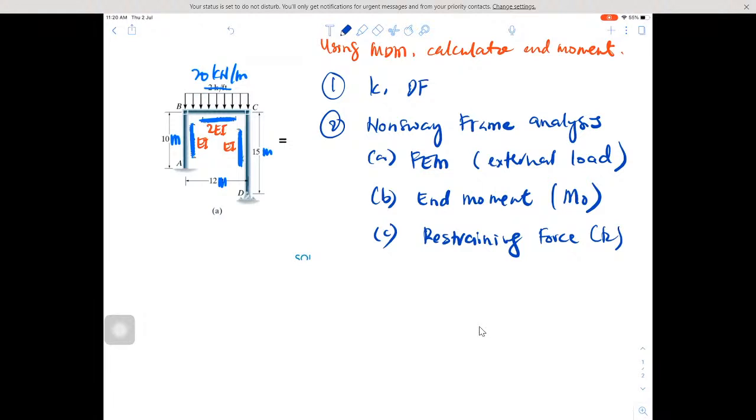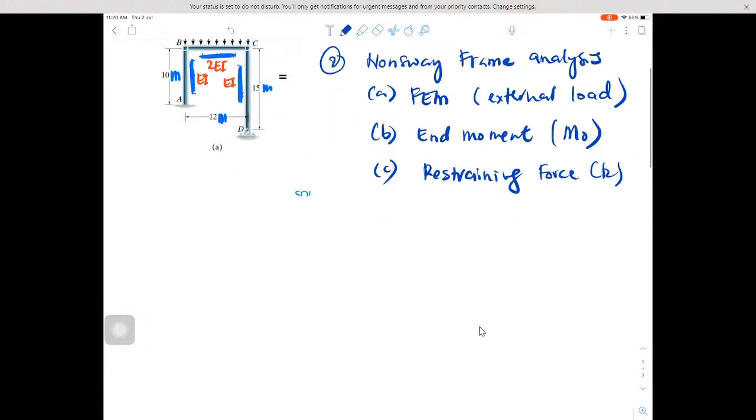So we have to analyze the non-sway frame by putting a pin support at C. The frame tends to sway to the right, so we have to put a support at C. Number 2 we will do after this using this diagram.